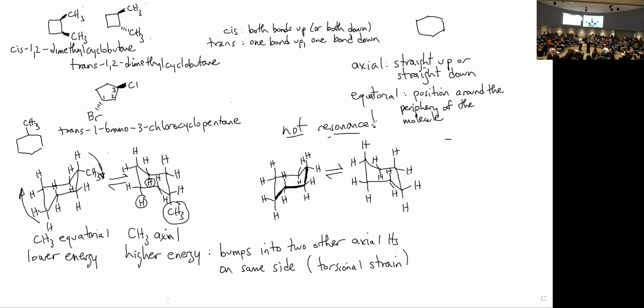You'll notice I drew the arrow to reflect that. That's an equilibrium arrow, not a resonance arrow. And in cyclohexane, when it does undergo a ring flip interconversion, the axial and equatorial positions interconvert. The positions that had been axial become equatorial. The ones that had been equatorial become axial.